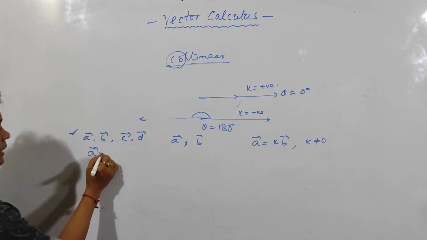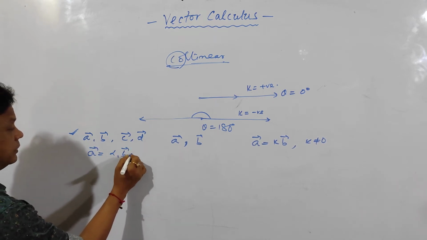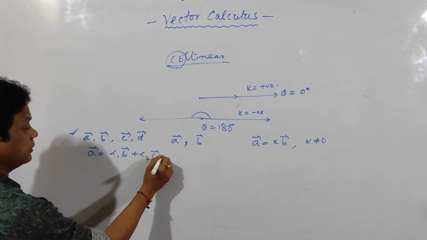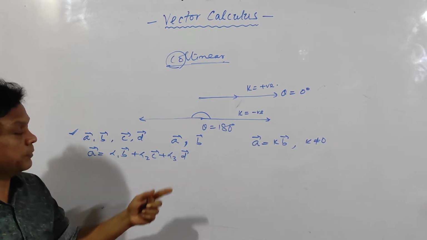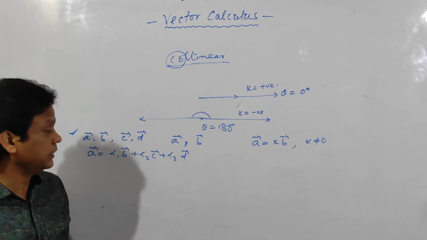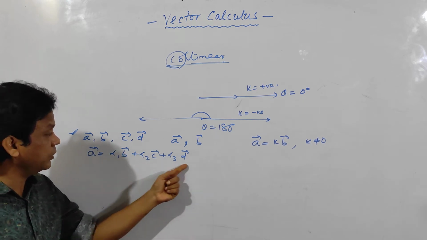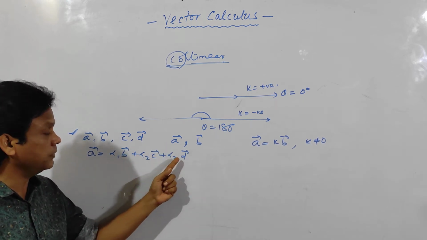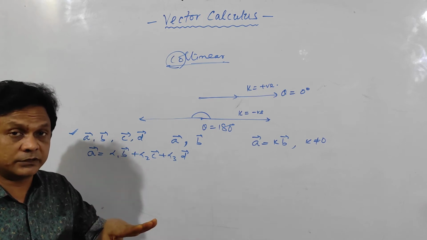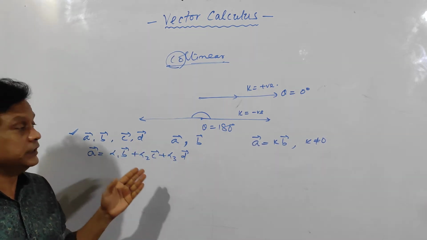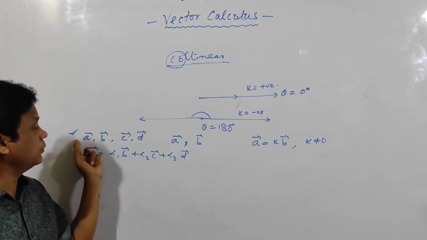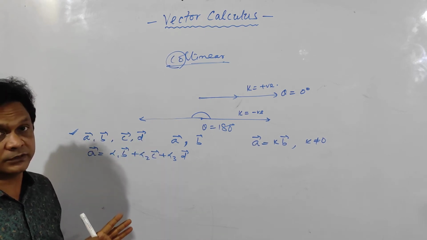For example, A vector is equal to alpha 1 into B vector plus alpha 2 into C vector plus alpha 3 into D vector, and alpha 1, alpha 2, alpha 3 are any scalars. Clear? Any one vector, if it can be expressed as the linear combination of the other vectors, then those vectors are said to be coplanar. This is the definition. Clear?